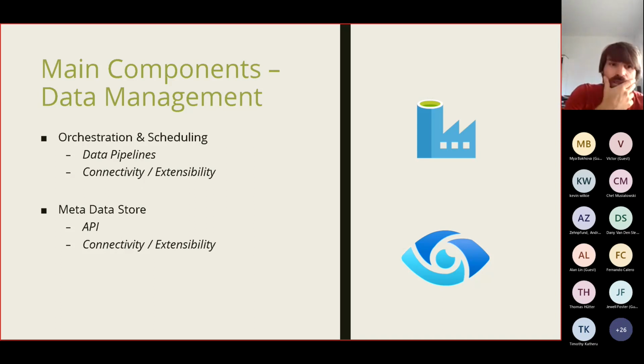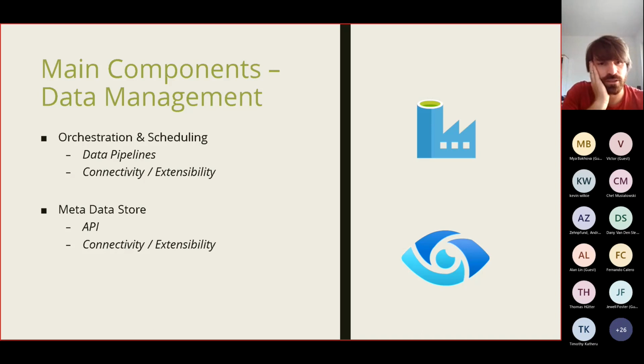Then the second part is the metadata store and the whole governance topic, which is actually a super complicated topic, and the only way we can really cover it is using some proper APIs in order to visualize and integrate all the data that you have in your analytics platform.